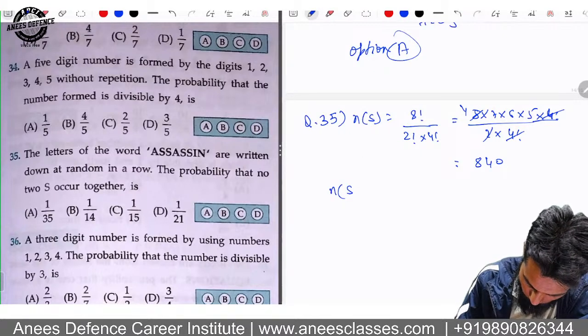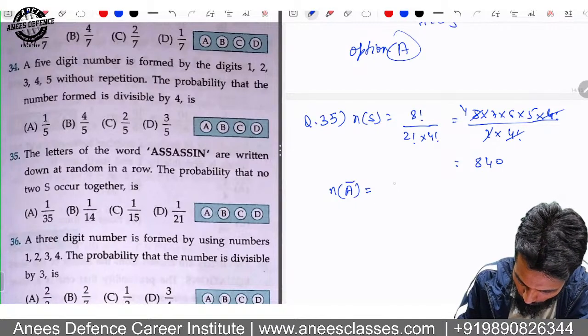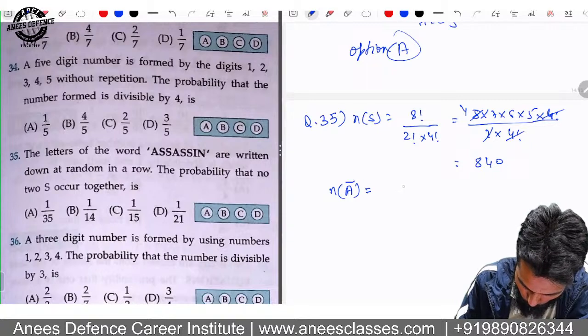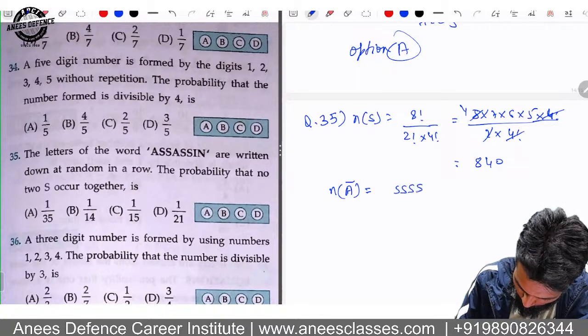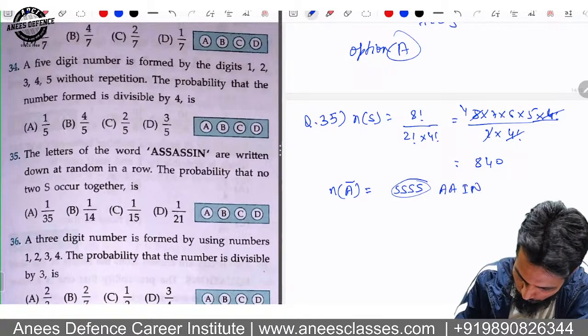Now, no two S should be together. Just find out what A bar means. Together we are finding. Together means all the S has to make one unit. Then A, then 1, 2, 3, 4 like this. S, 1 unit, A. Total it is 5.